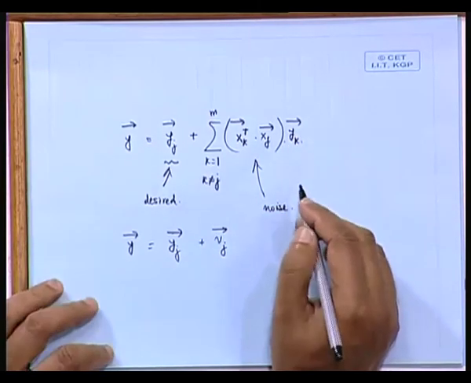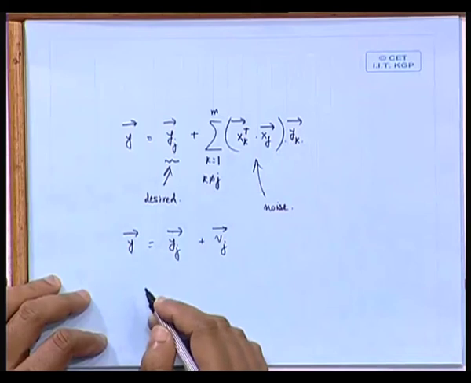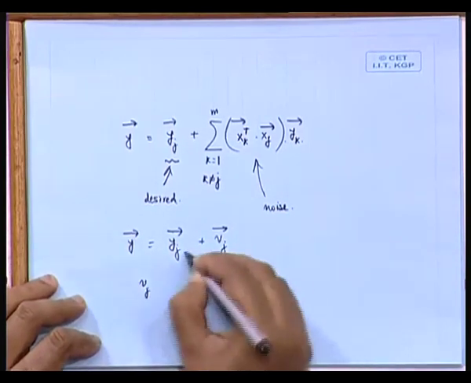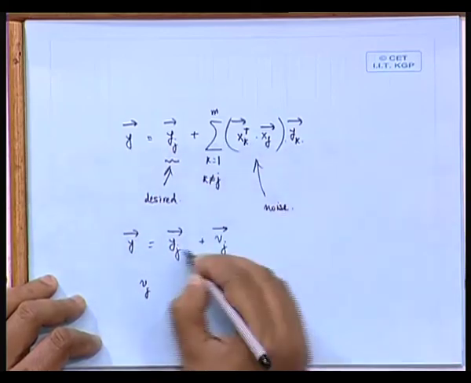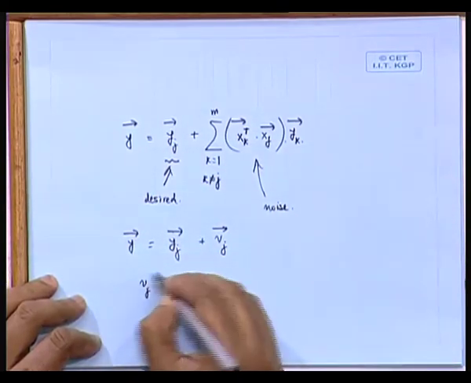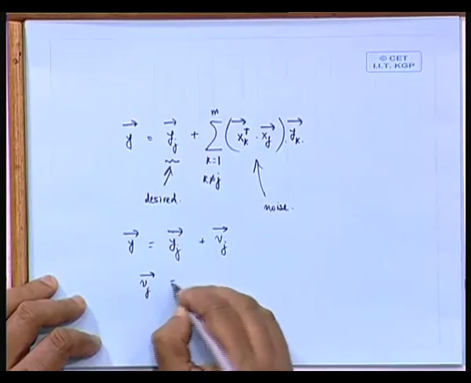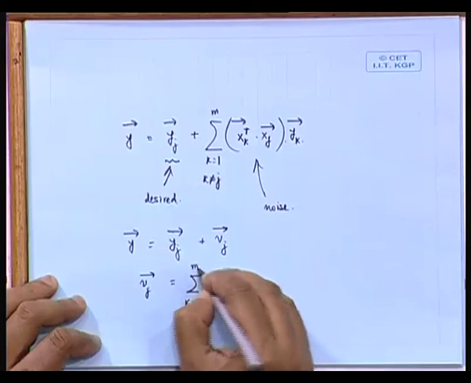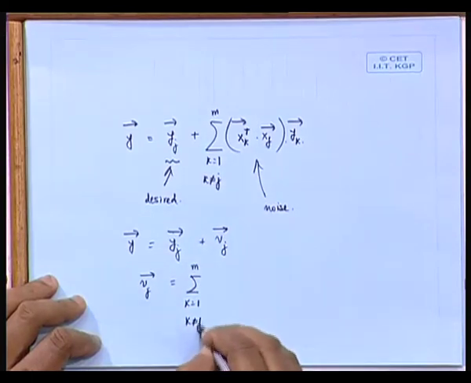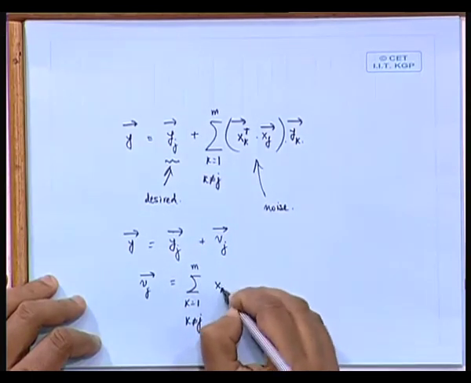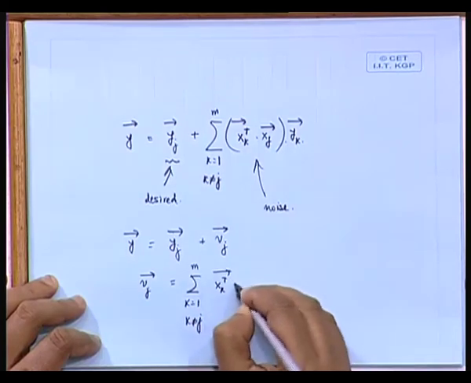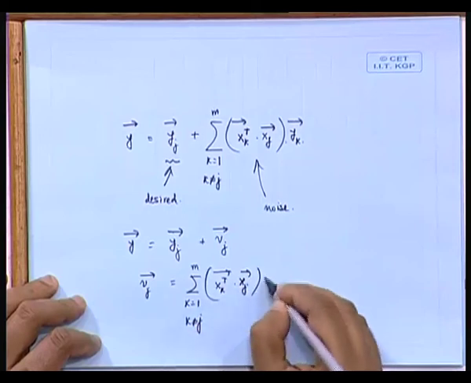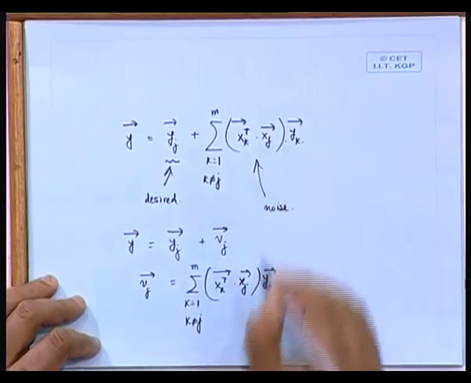So, it is a vector, again an m dimensional vector. So, here if we write this expression as yj plus vj vector, then vj vector, which is nothing but the noise vector, will be the summation k equal to 1 to m, k not equal to j, of xk transpose vector xj vector, times yk, that is to say this term.